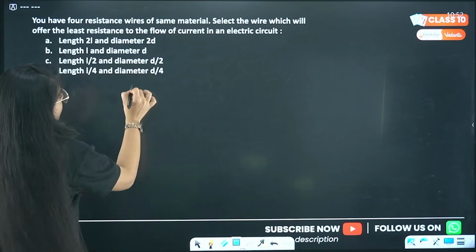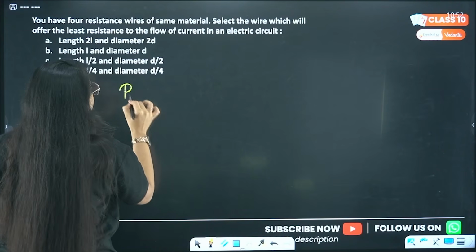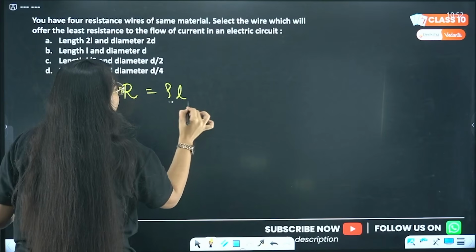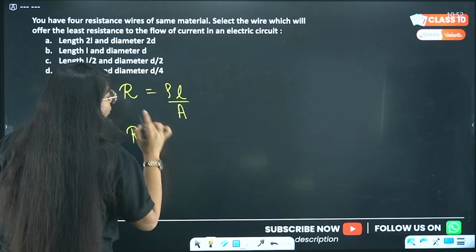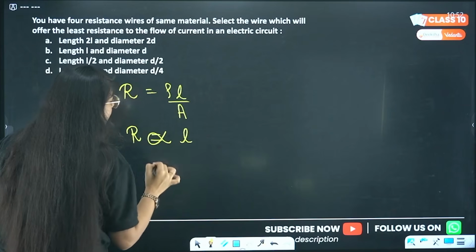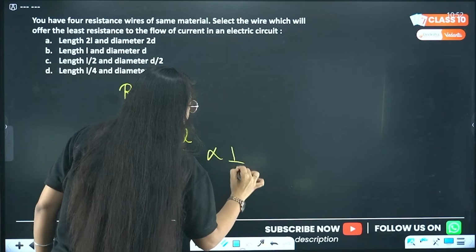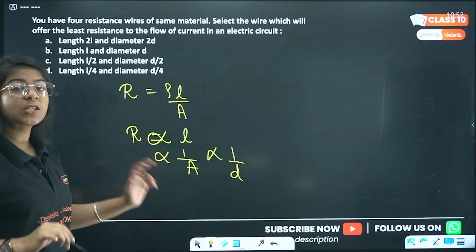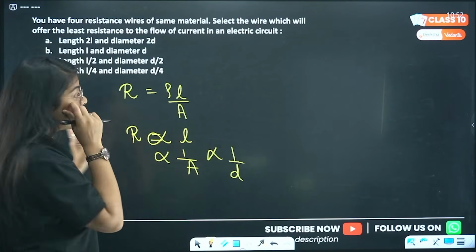We know resistance is rho L divided by A, right? Now R is directly proportional to L and inversely proportional to area. That means inversely proportional to diameter. Correct? This question I am giving you as homework. Let me know in the comment section. I am giving you a hint, right?